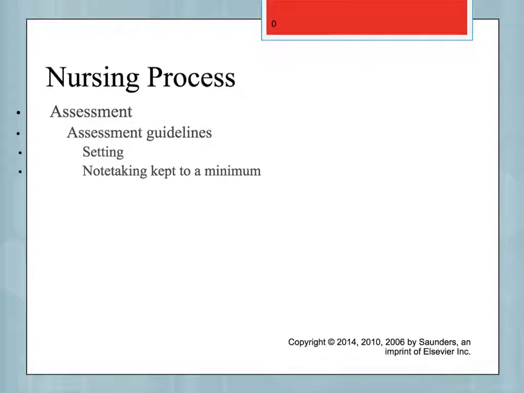On your assessment, you also want to make sure that you are thorough and look for cues and nonverbal behaviors, because they might be hiding or having difficulty expressing their ideas. We need to help encourage them to express themselves.